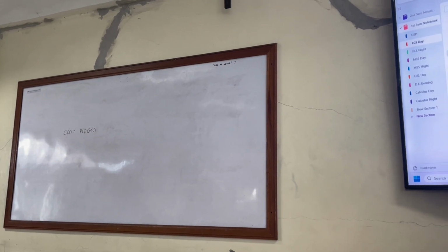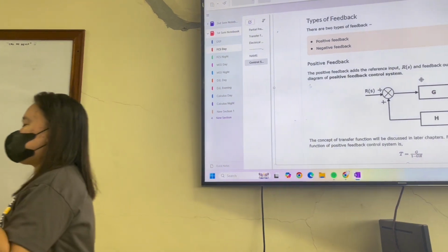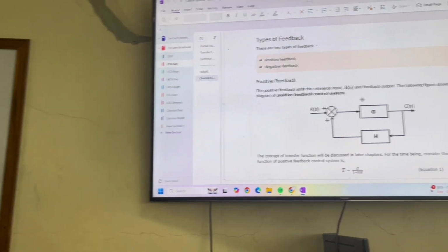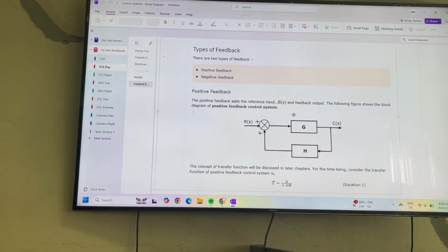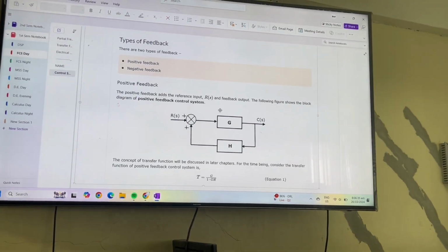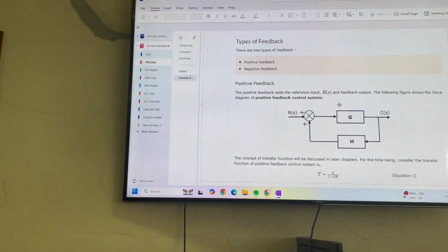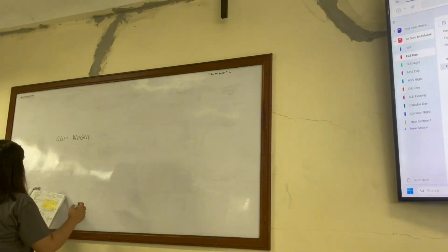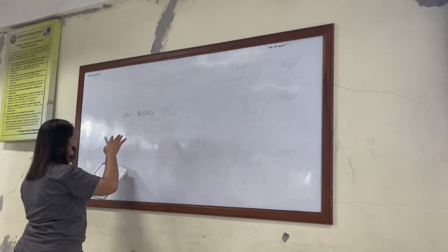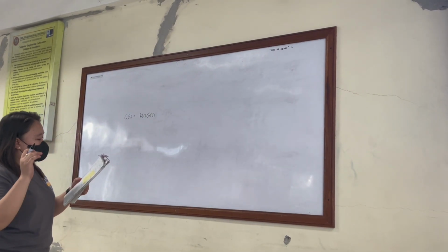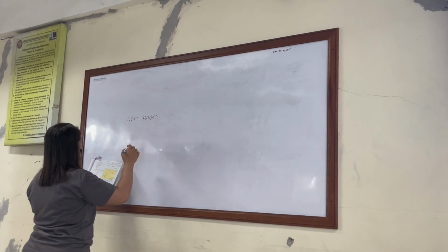So what reaches C(S) is the product of R(S) and G(S). Now, that output is fed back to our input. Okay? Now, since C(S) is equal to R(S) times G(S).